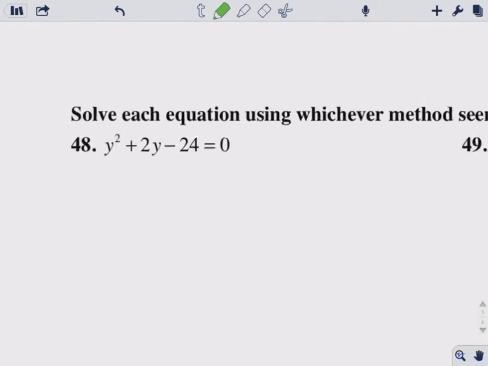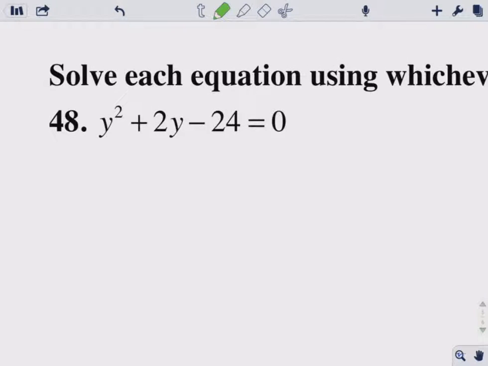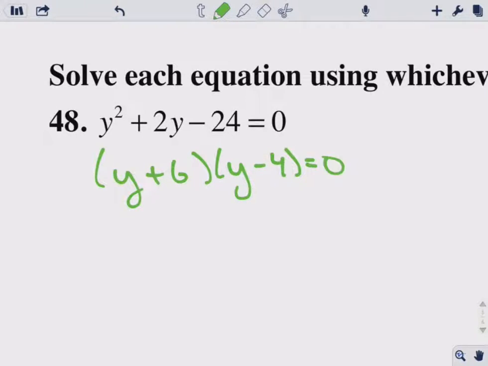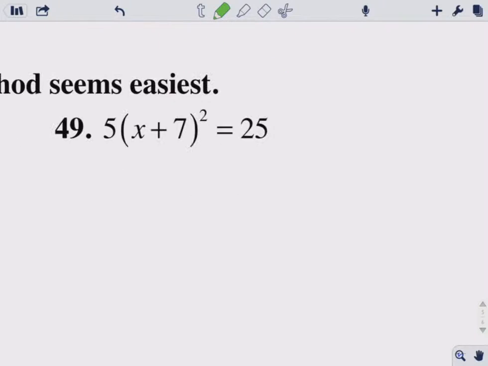Okay, solve any way we want. Okay, got to factor. 24 is 4 and 6, so y plus 6 and y minus 4 equals 0. So y is equal to negative 6, y is equal to 4. Divide by 5 first. Alright, take the square root.